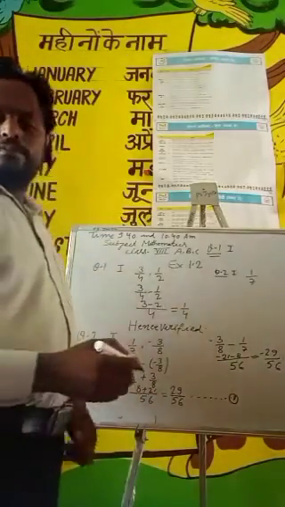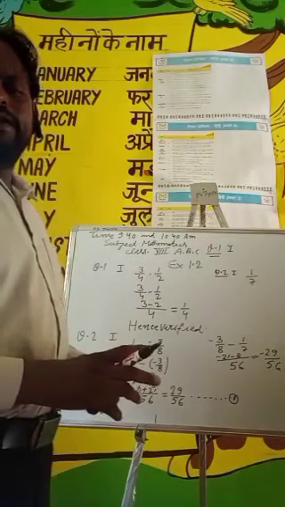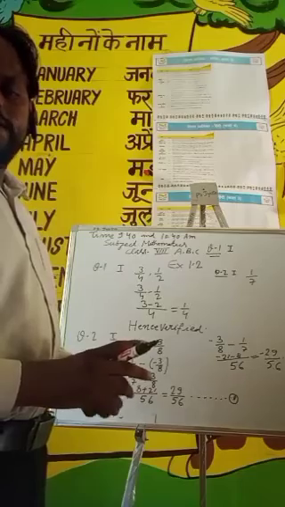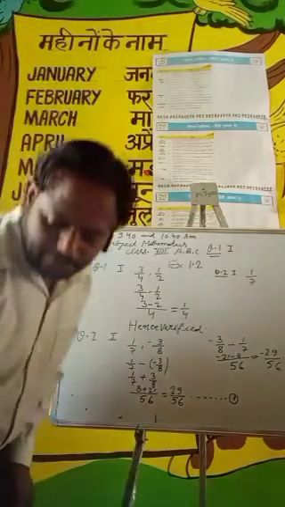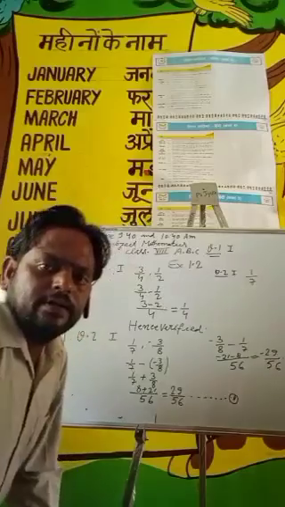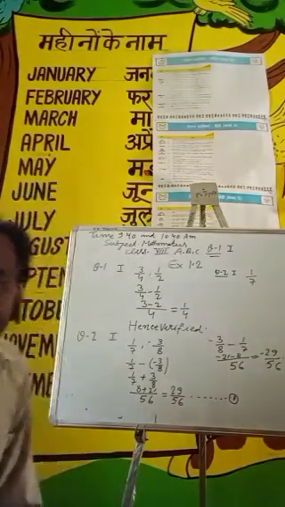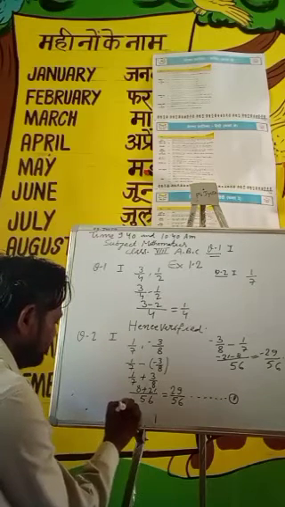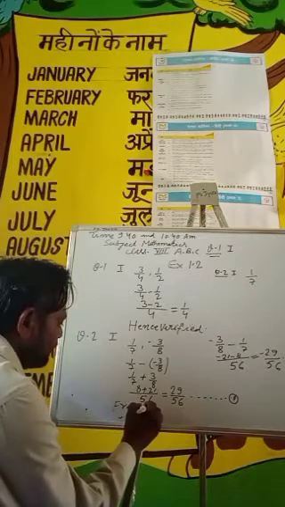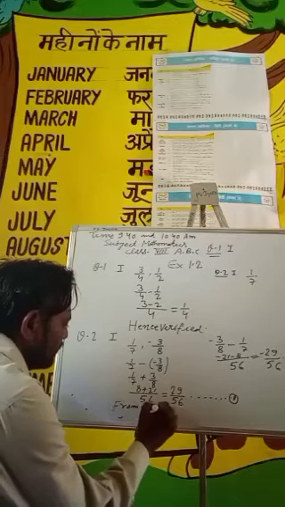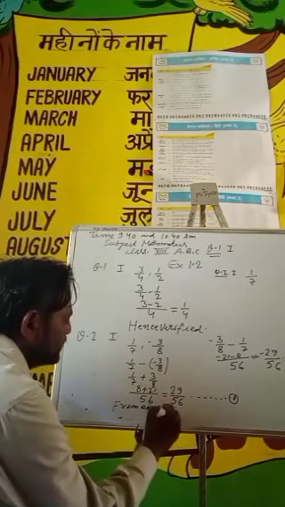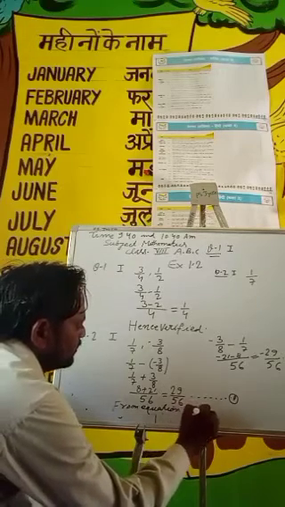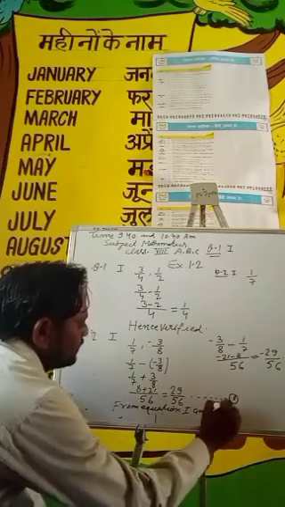So it is verified that the subtraction of rational numbers is not commutative. Subtraction of rational numbers is not commutative, from equation first and second.